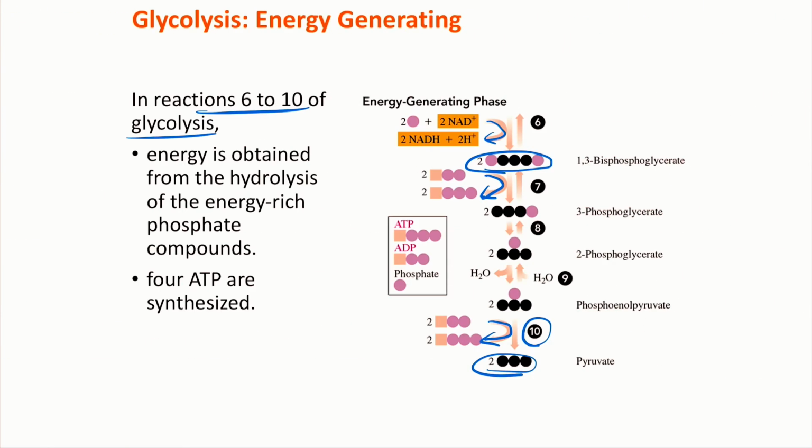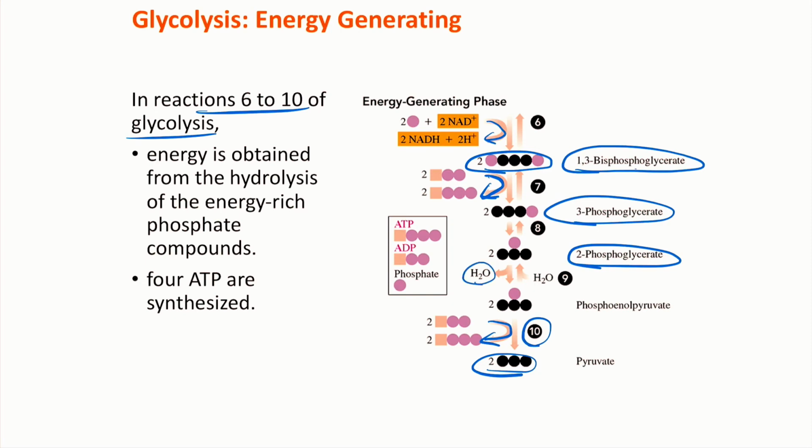In the further reaction, you get the formation of 1,3-bisphosphoglycerate, and from 1,3-bisphosphoglycerate it creates 3-phosphoglycerate, where it produces 2 ATP molecules. Then it undergoes the formation of 2-phosphoglycerate and a dehydration reaction where it removes water. Then finally it creates phosphoenolpyruvate, and the phosphoenolpyruvate creates pyruvate, where it creates 2 ATP molecules.